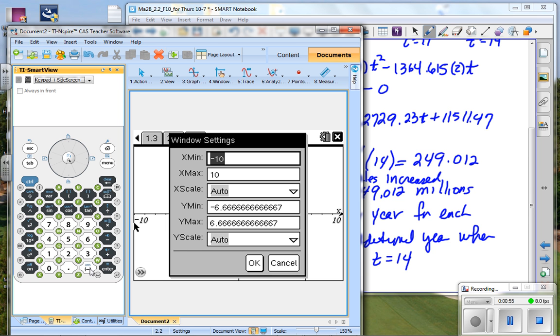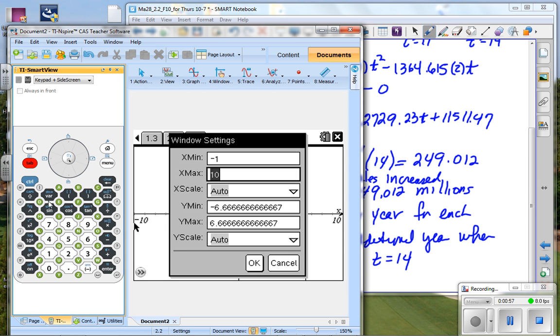Let's make this -1 and 20, and let's scale it by every 5, and then -100 up to 2500, and we'll scale it by 500. So if we have that kind of a window, we'll see for the most part what we need to see on this.